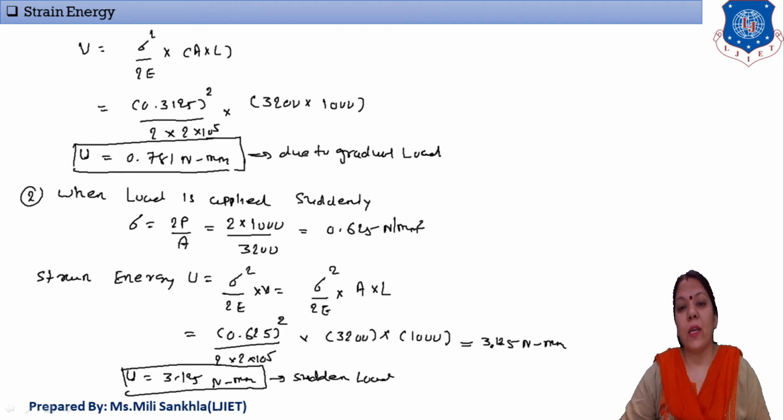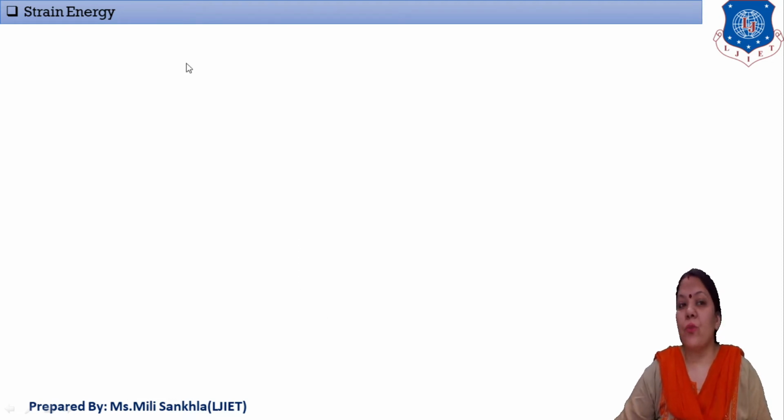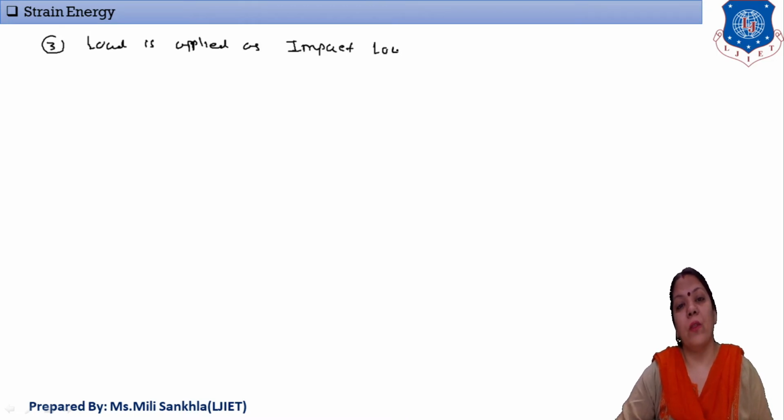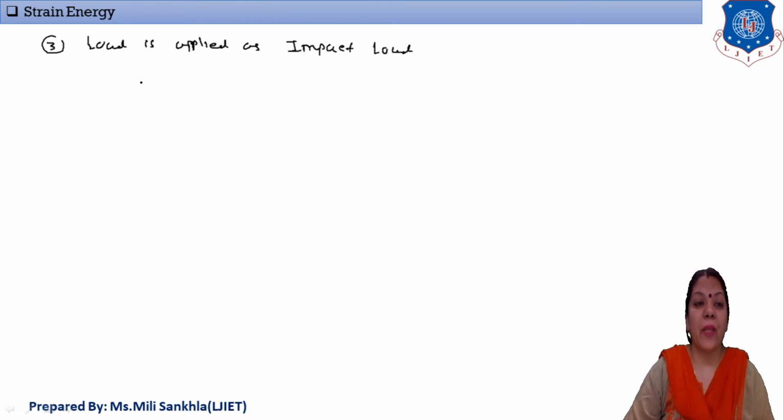Now our third case is left, that is our impact load. So write down here, first of all, make a heading. Third case, load is applied as an impact. When height is given, that is simply the case of impact load. Remember that. Now what is the equation of sigma?